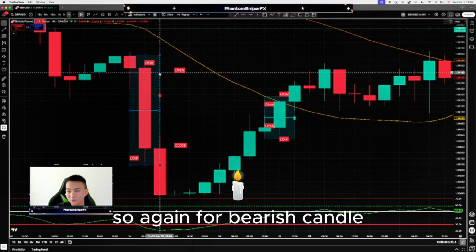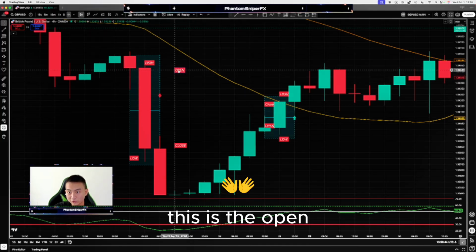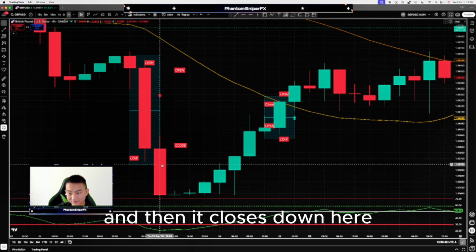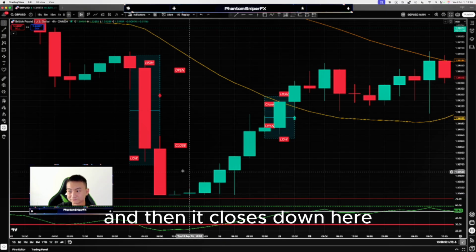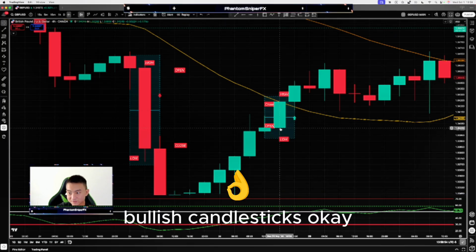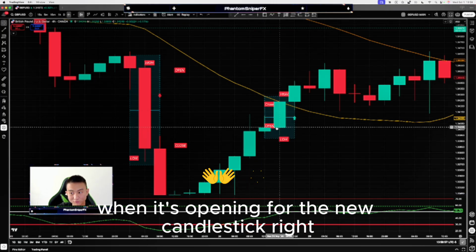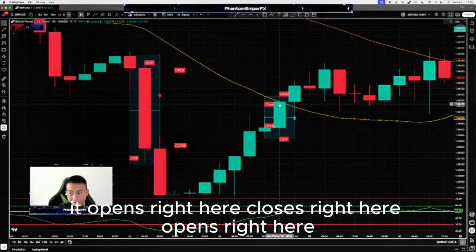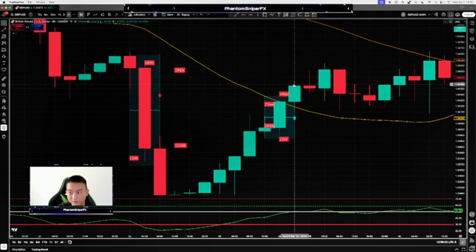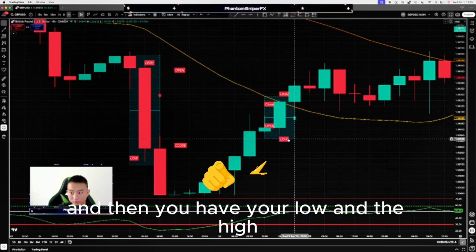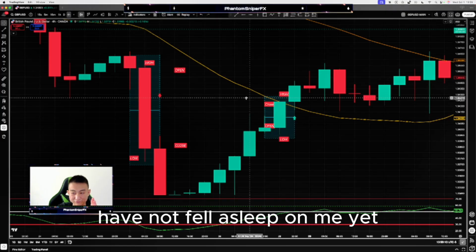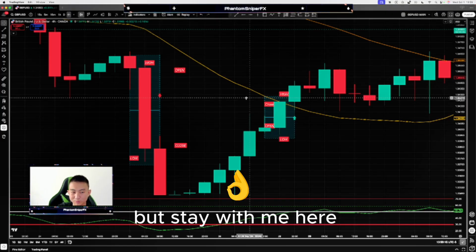So again, for a bearish candle, this is the open, this is the close, and then it opens again right here, and then it closes down here. For bullish candlesticks, it opens right here, closes right here, opens right here, closes right here, and then you have your low and the high. So hopefully that wasn't too confusing, guys, and I hope some of you have not fallen asleep on me yet, but stay with me here.